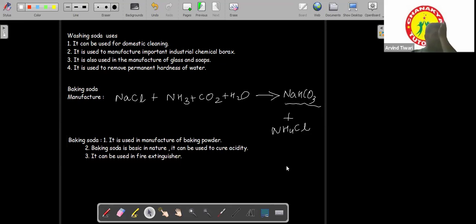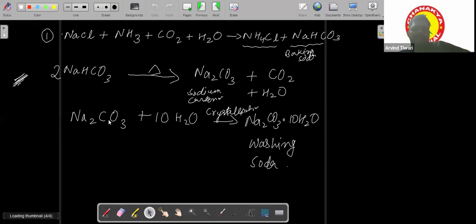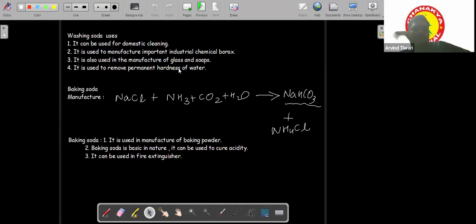In a fire extinguisher, baking soda reacts with an acid to release carbon dioxide gas. As you can see here, it releases carbon dioxide gas. So we can use baking soda to obtain carbon dioxide gas.